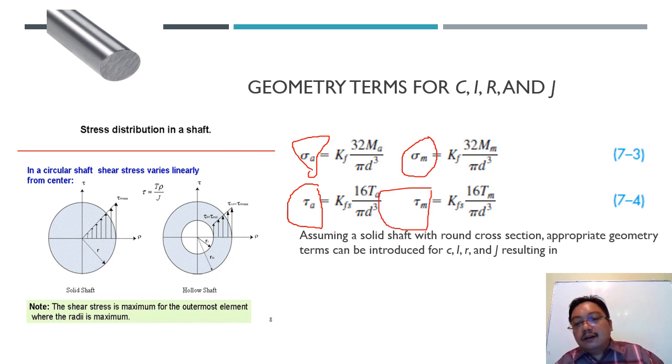Alternating again is the sinus wave. Remember in the previous slide, the stress comes from here, here, here, here, and the mid-range is at the middle of the shaft.